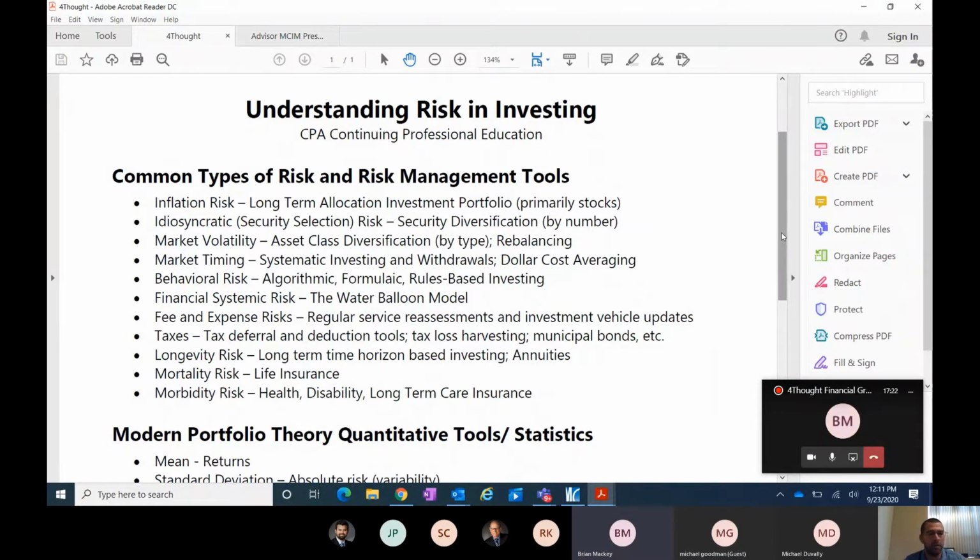That number this year, so in 2020 year to date, is actually, if not the best, one of the best performing asset classes, meaning the returns are very, very high. So what that tells us is that the market is expecting potentially a dramatic increase in inflation, potentially in the near future.